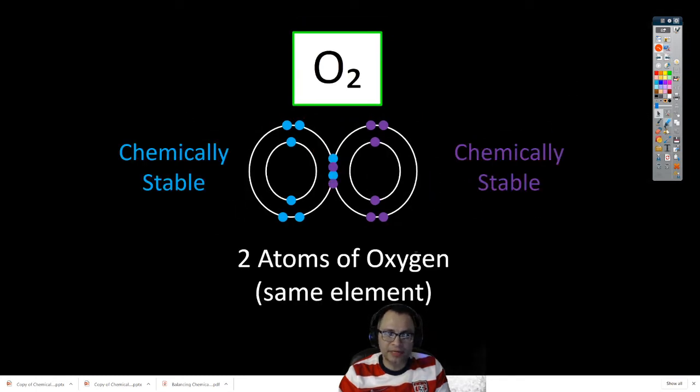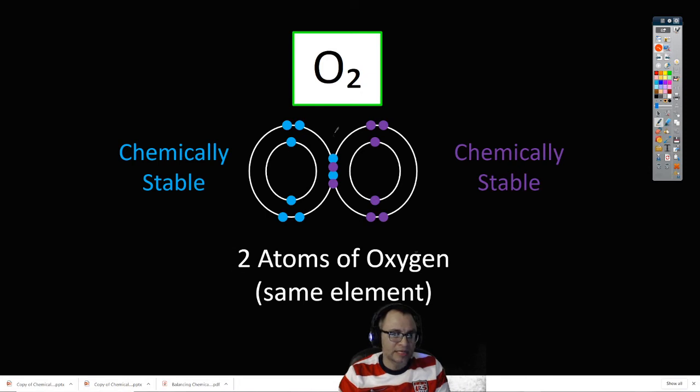So what ends up happening to make it stable is these two atoms will bond together, effectively sharing 2 of their electrons, so that way each atom can be stable. So now when you count the valence electrons, it looks like this. 1, 2, 3, 4, 5, 6, 7, 8.